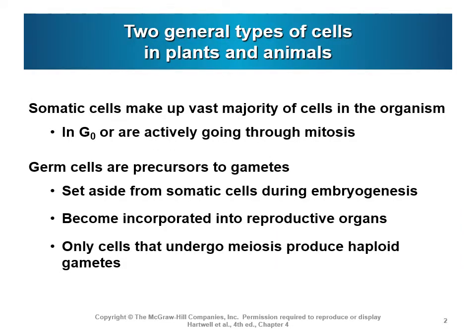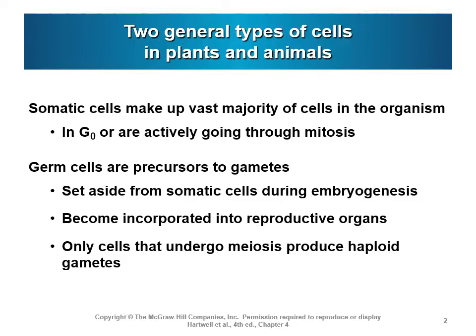Somatic cells make up the vast majority of our cells. For example, in G0, the example is neurons, which are not dividing, or there are actively dividing cells, through mitosis. Examples are hair follicles, the lining of the gastrointestinal tract, or bone marrow.